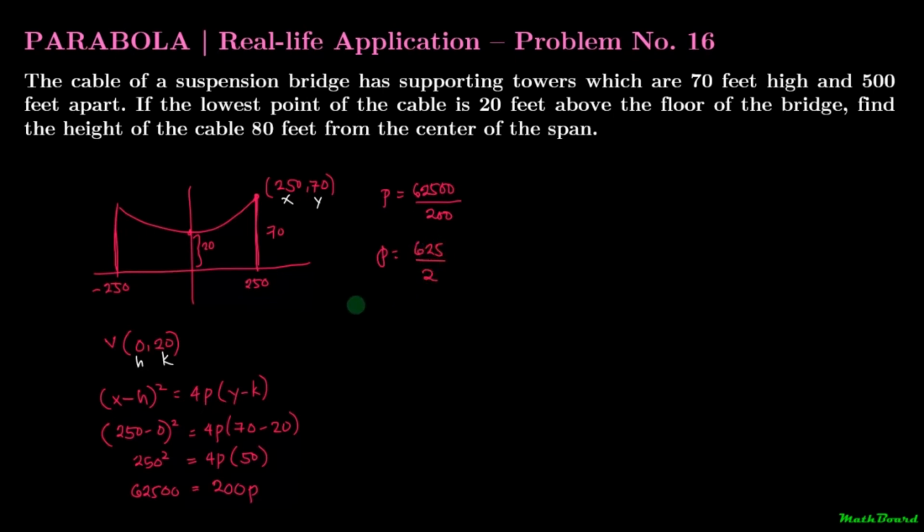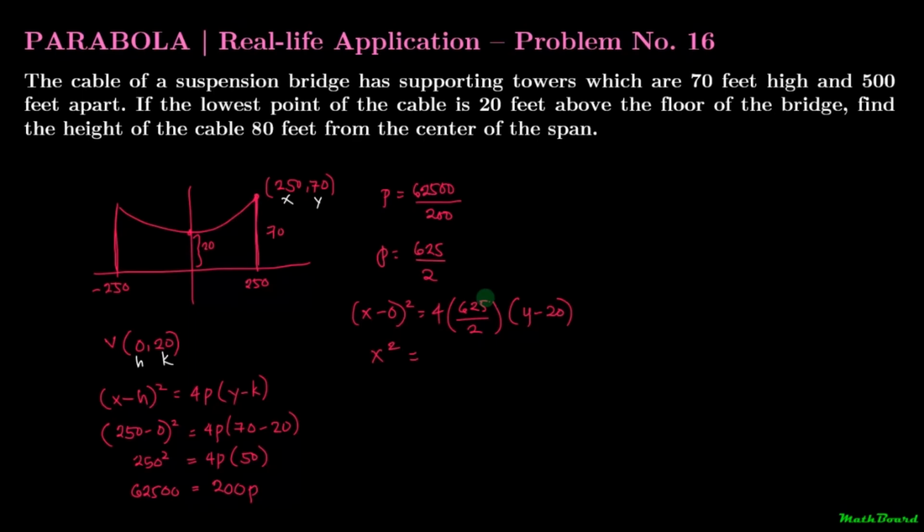So, balik tayo sa equation. So, x, ang h natin ay 0. So, x minus 0 squared equals 4 times 625 divided by 2 times y minus k, which is 20. So, x minus 0, that's x squared. Then, 625 over 2 times 4, so 1 half yan.